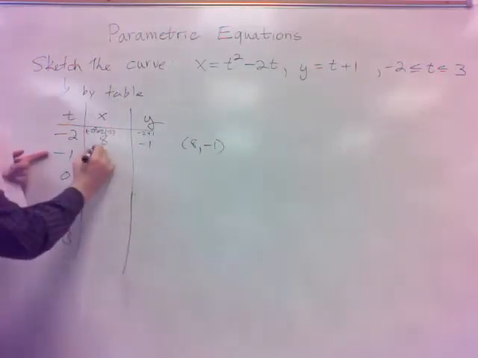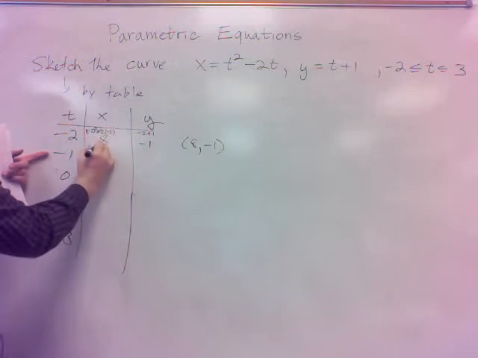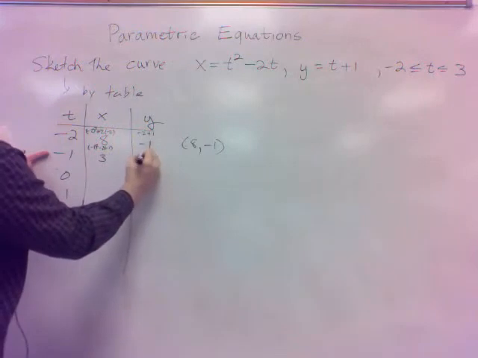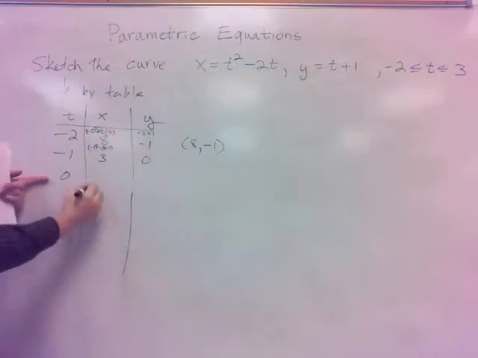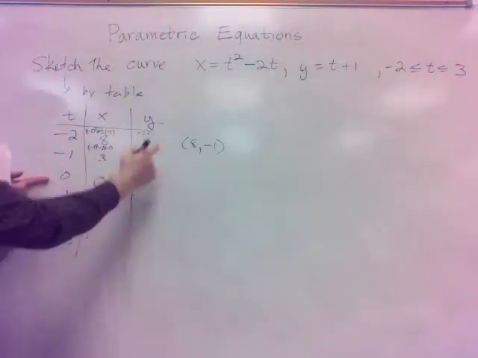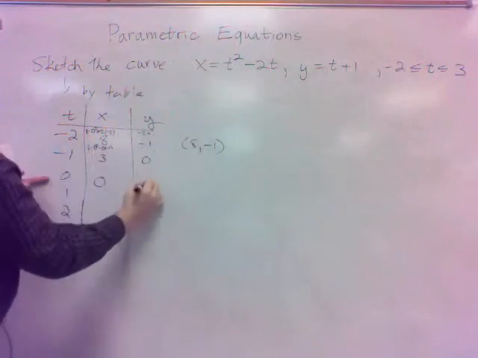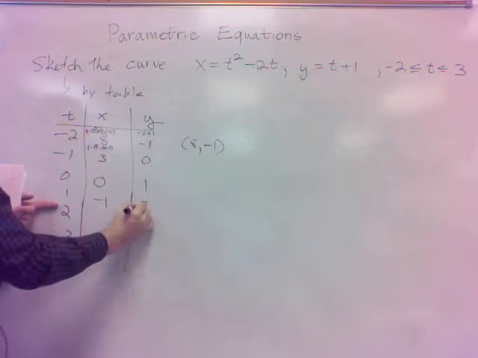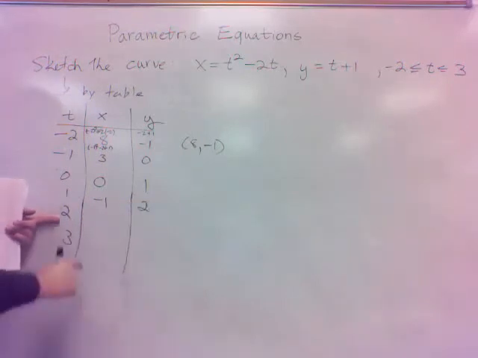All right, so what do we get for -1? T is -1. We get (-1) squared minus 2 times -1, that's 1 plus 2, that's 3. The y value would be -1 plus 1, that's 0. When t is 0, x is 0, y is 1. When t is 1, 1 minus 2 would be -1, and 1 plus 1 would be 2 for y. Check me on these.